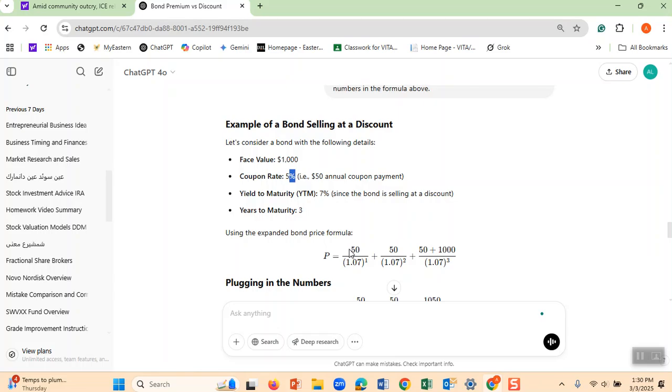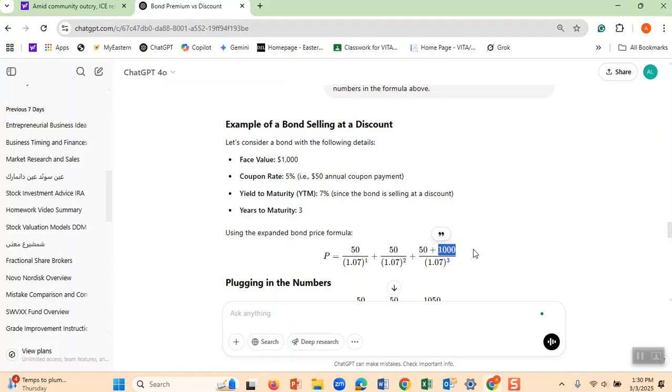That means in the first year, he gives you $50. In the second year, he gives you $50. In the third year, he gives you $50. And when it comes to the third year, he will give you your $1,000 back.